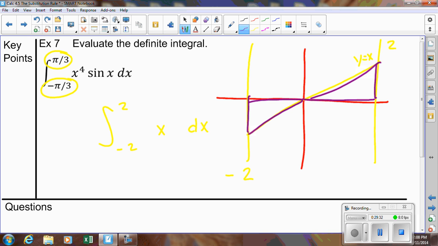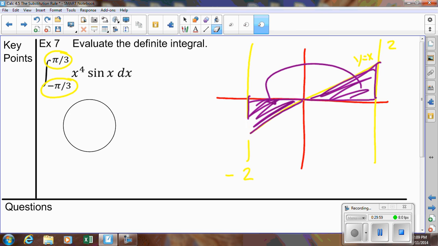If you have an odd function, you will wind up with the rotational symmetry that will take this piece, rotate it down underneath the axis, and then the areas will wipe each other out. This is a strategy that, depending on whether you recognize it, and depending on the type of function you have, can be very, very beneficial.